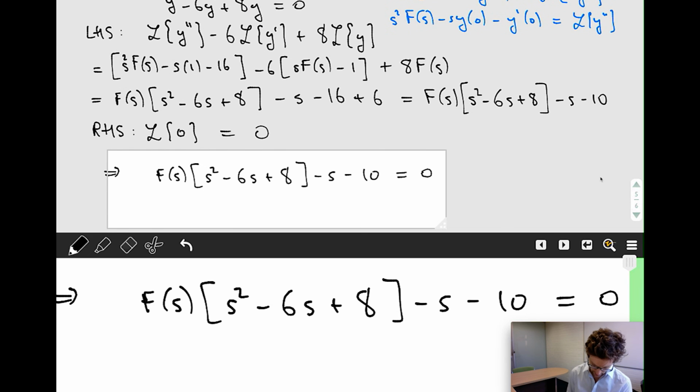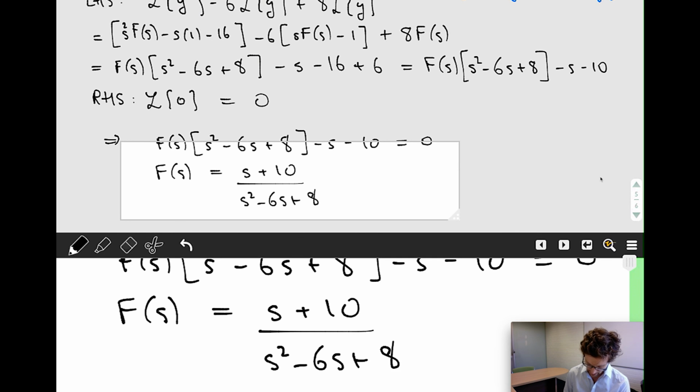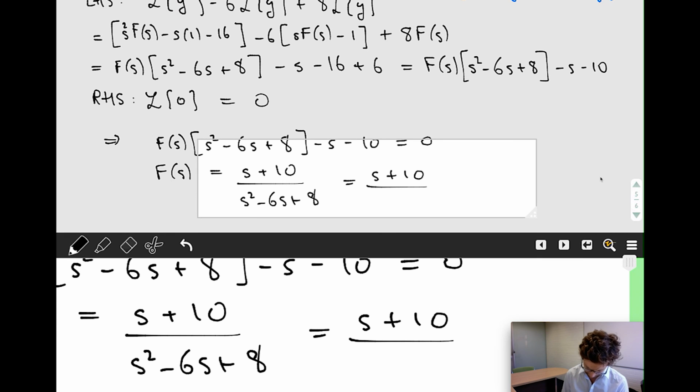So let's write this as F of s as a function of s. So I've got s plus 10 all over s squared minus 6s plus 8. Now I know that that denominator factorizes, so this is going to become s minus 2, s minus 4.